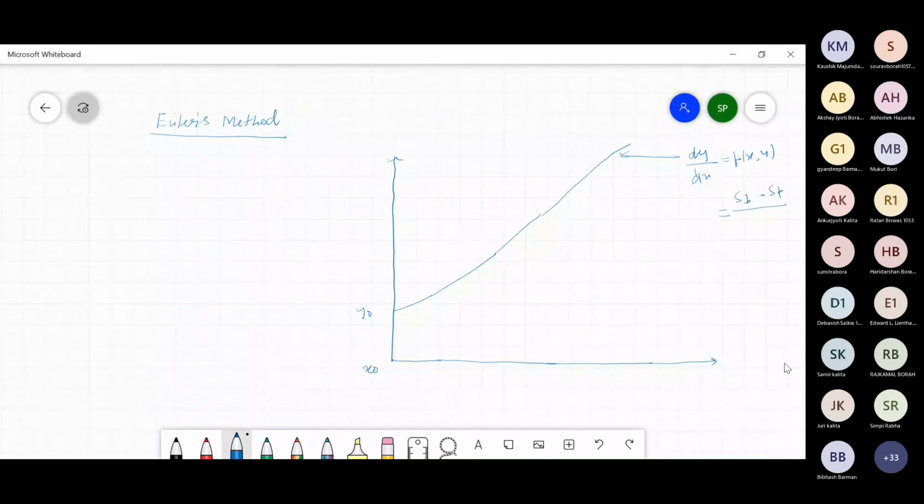B minus SF over 1 minus Froude number squared, with Fr squared equal to Q squared T over g A cubed. Suppose we have to find the value of y at the distance delta x. We know the initial value, so what we will do, we will draw a slope here. Slope means tangent, like this.